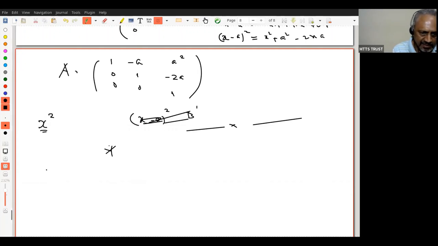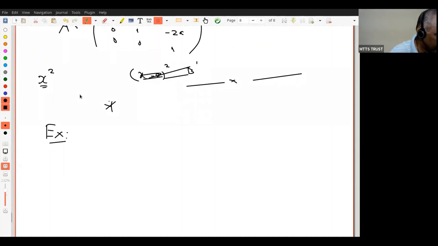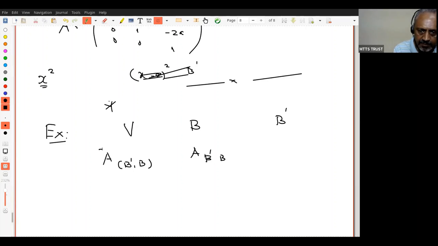Now as an exercise, I wanted to look at this. In fact, I thought I will do it but then time may be running out, so I will just explain. So I fix B, an ordered basis, and another ordered basis B dash. Then let me look at the transition matrix A of B dash B and the transition matrix A of B B dash.